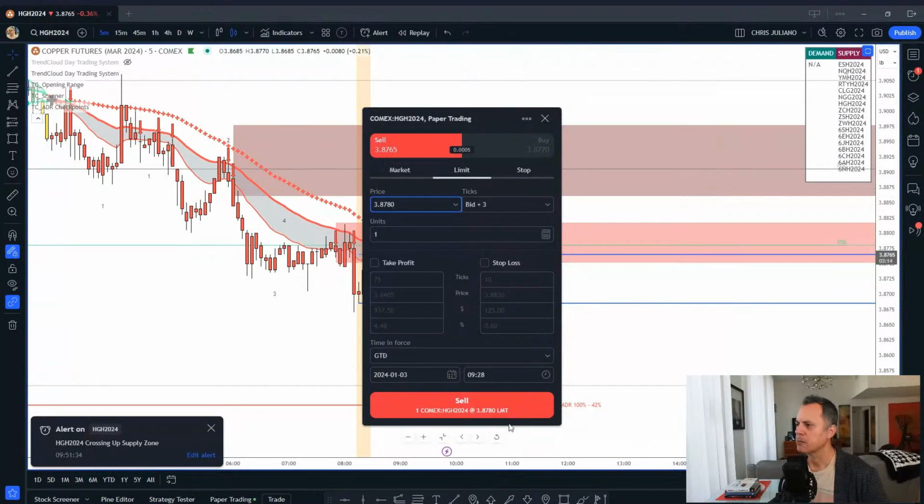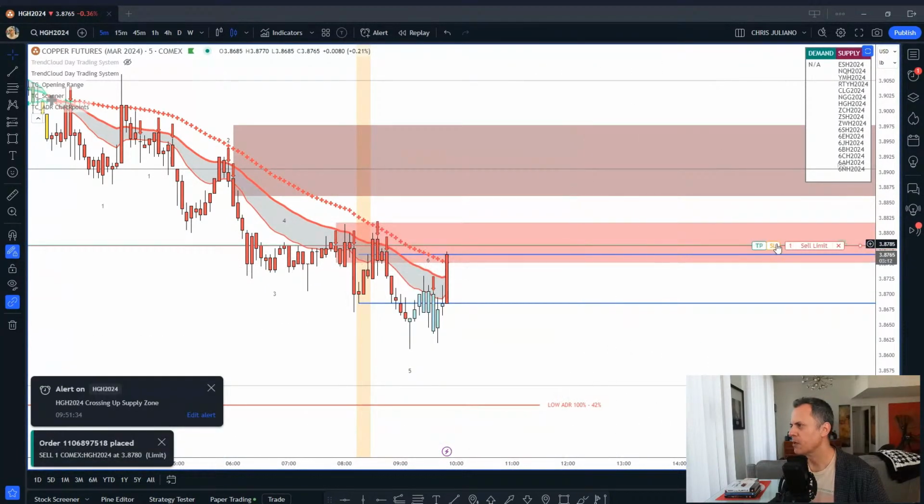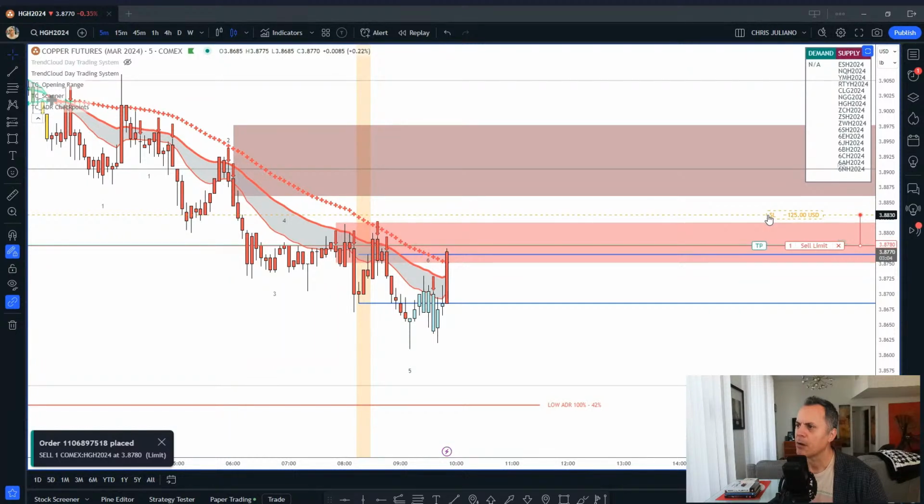All right, look, it's worth the risk, right? There's your stop loss right there. Let's see if we can get into copper. We've got a lot of downward momentum here.